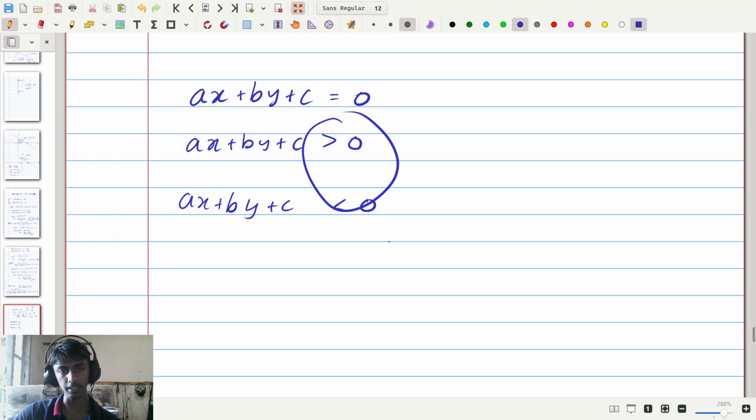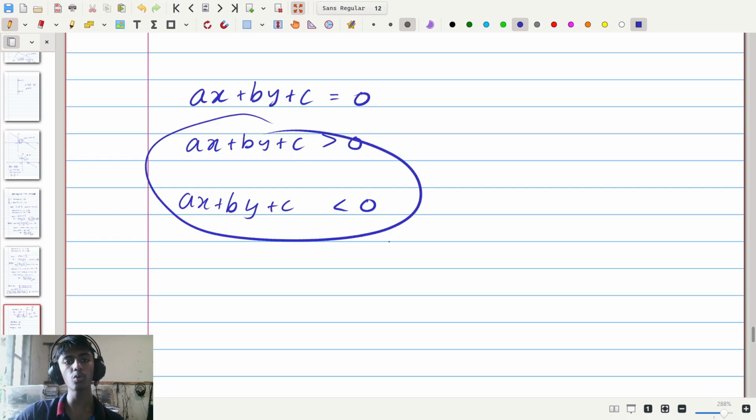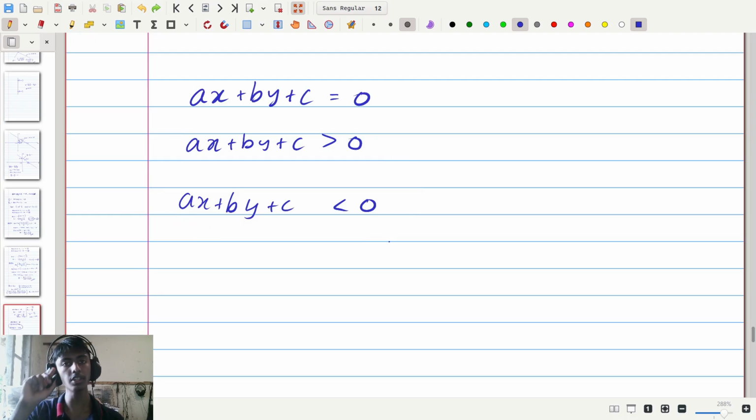This is the same exact thing. This union of these two conditions is the same exact thing as ax plus by plus c not equal to 0. However, we're going to be considering them separately. Each of these has its own idea. This right here is one region on one side of the line, and this right here is another region on the other side of the line.